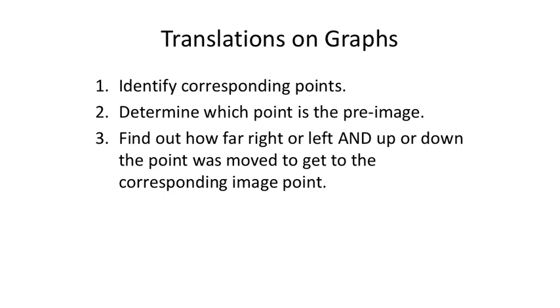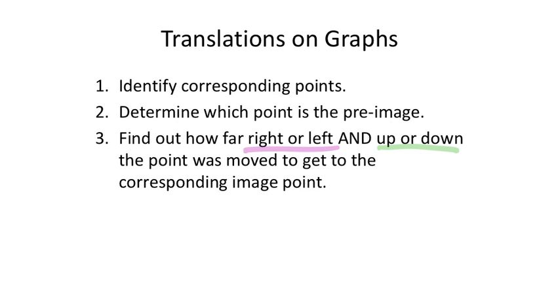So once we can find corresponding points, then we can determine which is the pre-image or which is the image. And it doesn't matter if you switch these, by the way. But once we know which of the figures we start with, then we look at the one that's been moved, and we can see, well, how far left or right has it been moved, which will be important for us. We say how far left and right it's going to be moved, and then also how far up or down it will be moved.